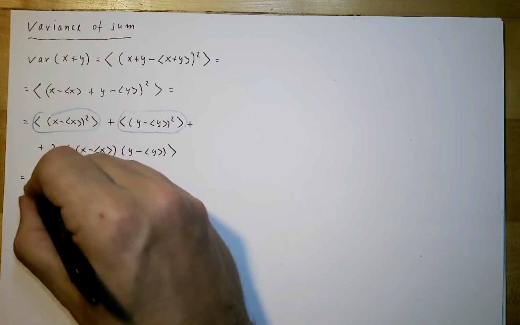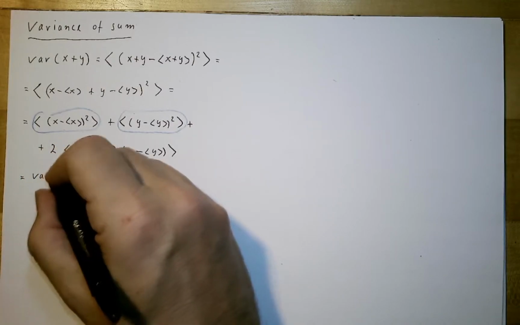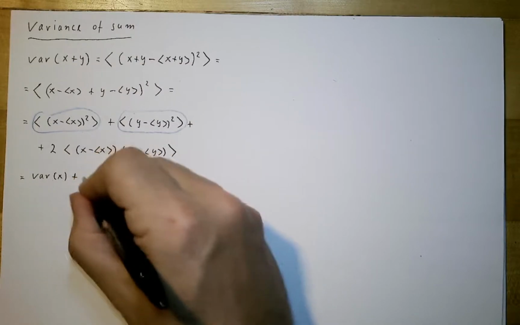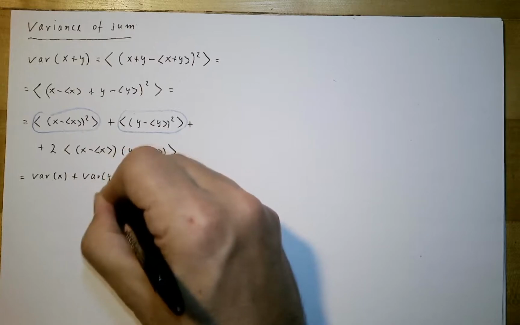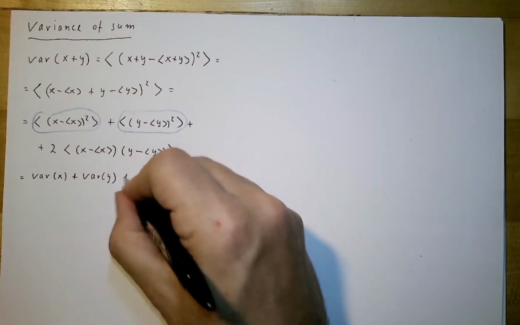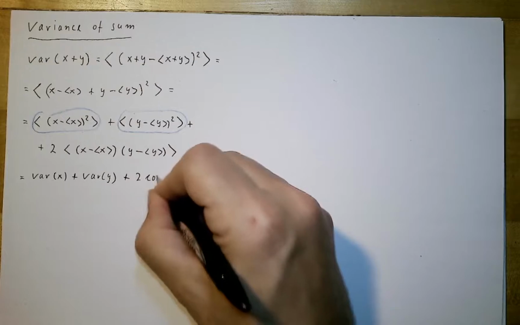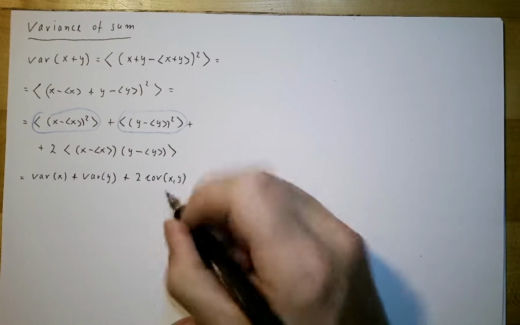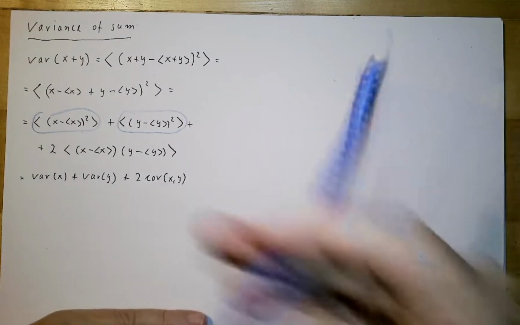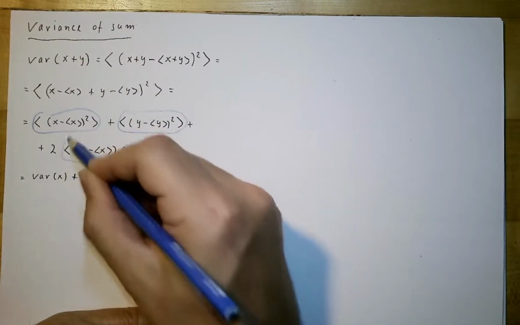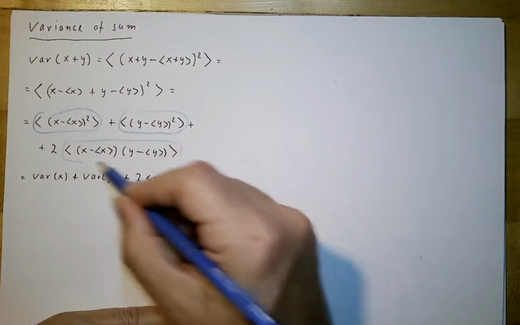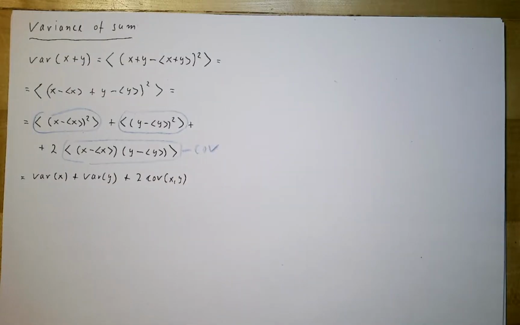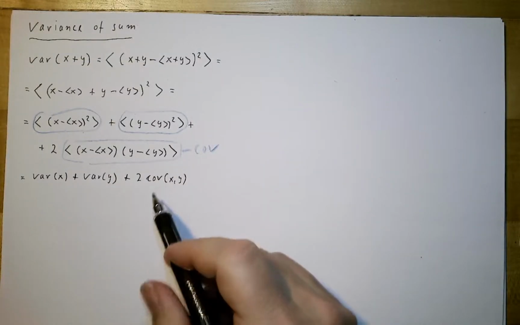So we say, okay, so that's the variance of x, that's the first term, plus the variance of y, which is the second term, plus 2 times the covariance of x and y. This means that this combination here, we say that's the covariance. And so far that's just the definition.